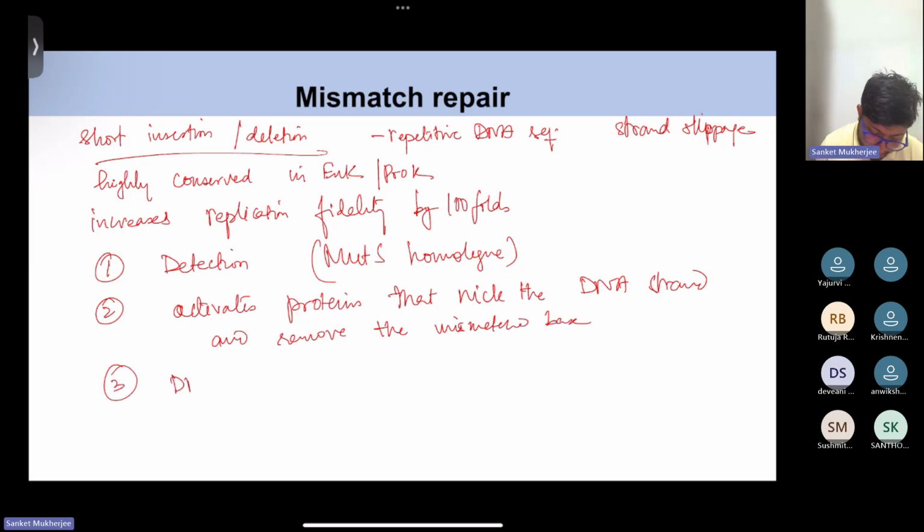A DNA polymerase comes in and resynthesizes the damaged strand, after which there is DNA ligase, which will finally join the strand. So this is how the process works. There are also multiple proteins involved behind mismatch repair. You can read about it.